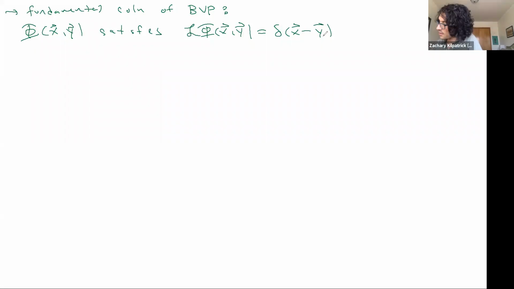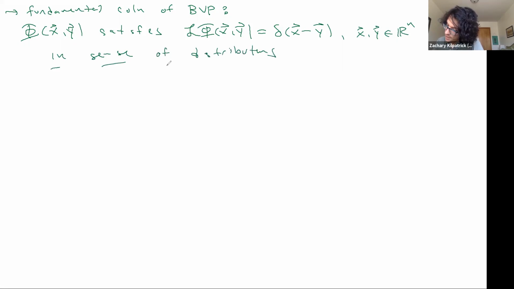I'm sort of abusing my notation from before, because we know that a delta function is not really a function. But let's say that we're writing this in the sense of distributions, so really everything in that equation should be wrapped in an integral, integrated against a test function.